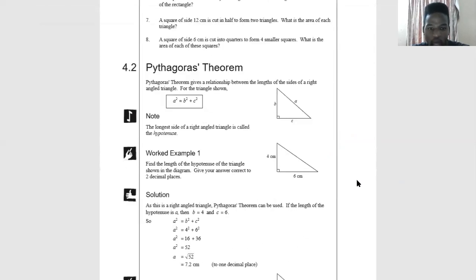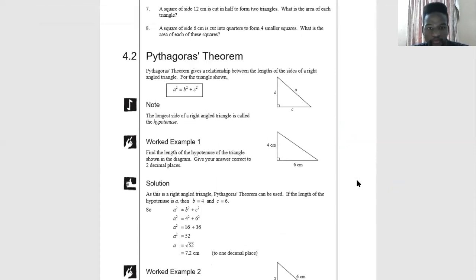So that was section 1. So going to section 2. Section 2 is Pythagoras Theorem. So Pythagoras Theorem is mainly on the right angled triangle. It's just this triangle, nothing else, guys.